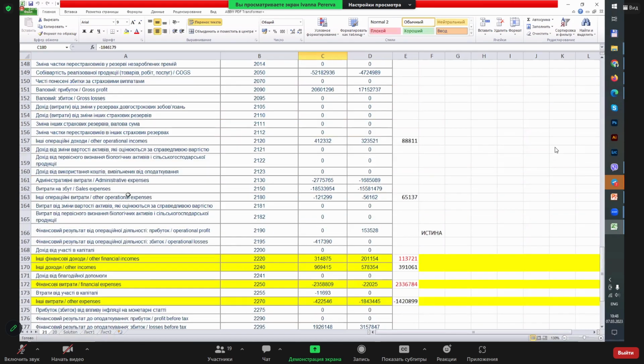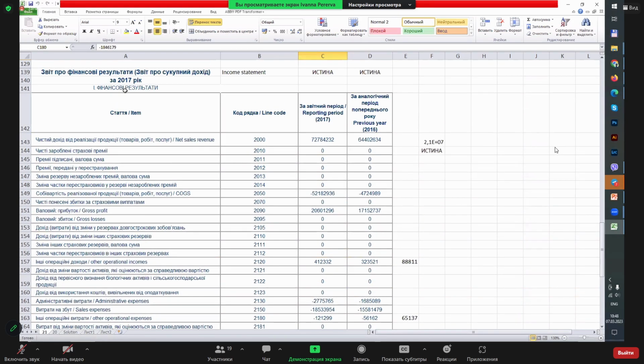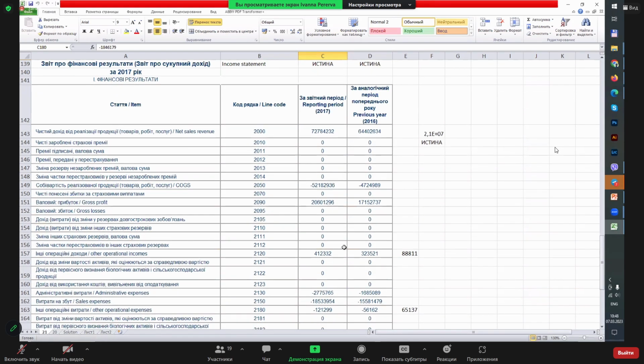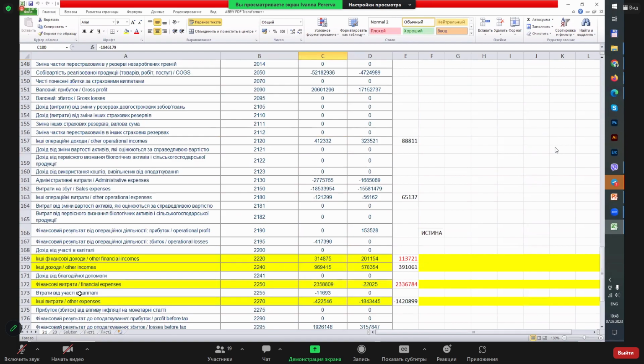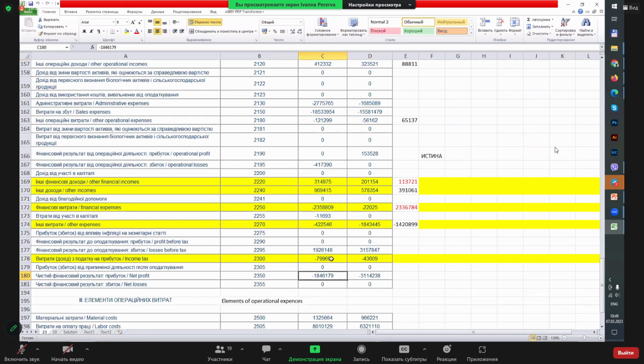Справді дуже складно. На основі балансу формується звіт про фінансові результати, який також подається на податкову, і ви вже на основі даного звіту будете знати, коли рахуєте всі ваші витрати та надходження, скільки потрібно заплатити податку на прибуток. Після вирахування податку ви будете знати, який у вас чистий прибуток.